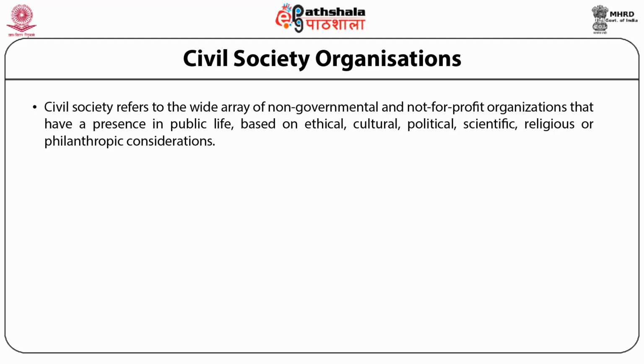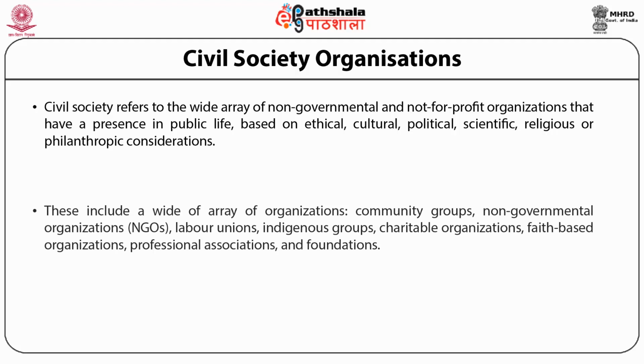The civil society organizations therefore refer to a wide array of organizations. These can be community groups, non-governmental organizations, labor unions, indigenous groups, charitable organizations, faith-based organizations, professional associations, and foundations.